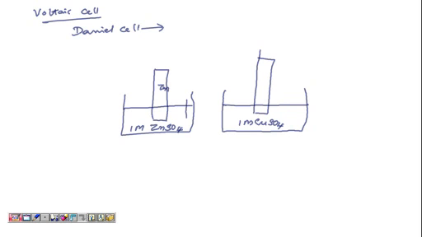These two cells are interconnected by using a salt bridge. This is the salt bridge. And this will be connected to a voltmeter, so that it shows the deflection and gives the voltage generated here.